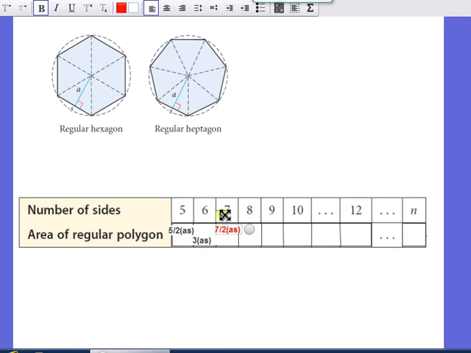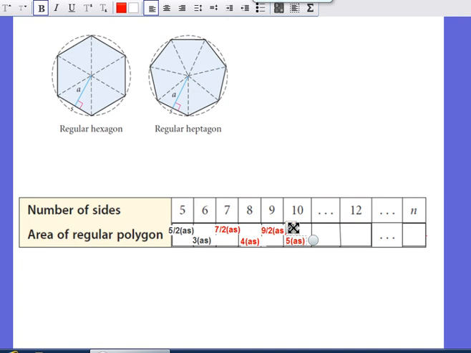And that's a fraction, so it stays that way. Then we go to 8. That's 8/2 times AS. Well, what is 8/2? Hopefully everyone answered. 4. And it goes on continuing like this. 9/2 times the apothegm times the side. Then 10/2. And 10 divided by 2 is 5 times the apothegm times the side.